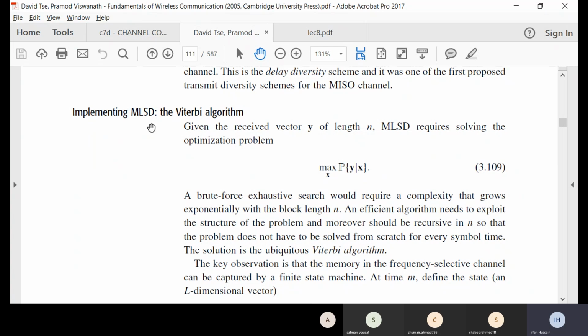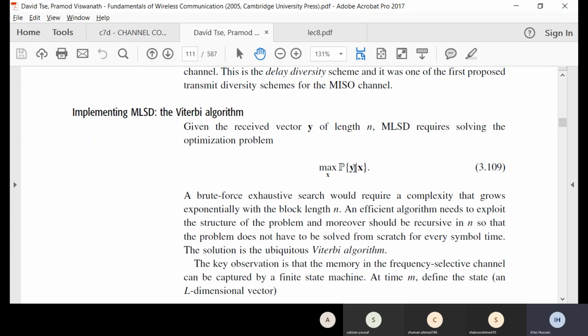Now the MLSD problem says that I want to maximize the probability of getting my y given x. For example, if I have sent sequence x, what will be the maximum probability of getting my received sequence? What is y?